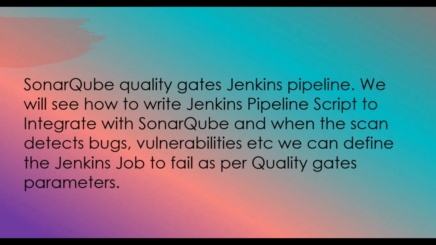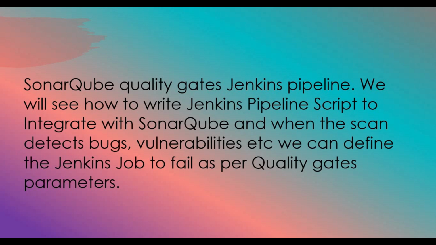When SonarQube detects some bugs or vulnerabilities, we can define our quality gates in SonarQube, so that Jenkins can identify whether the code is meeting the quality gates or not. If it does not meet the quality gate parameters, it will fail the job. If it meets the parameters, the job will be successful. So this is what we are going to do in this tutorial.